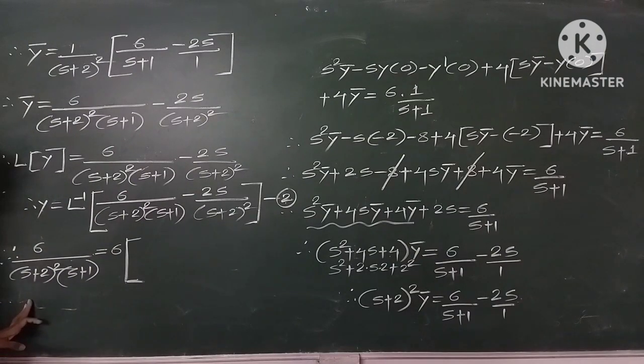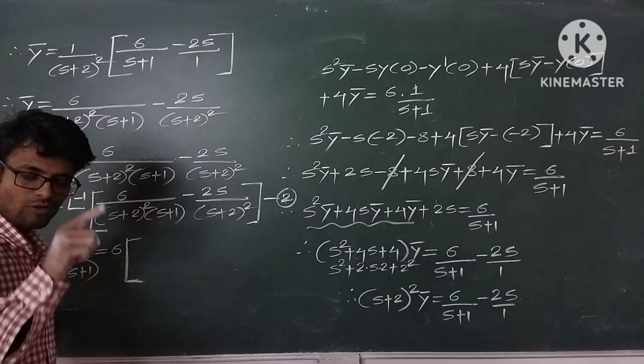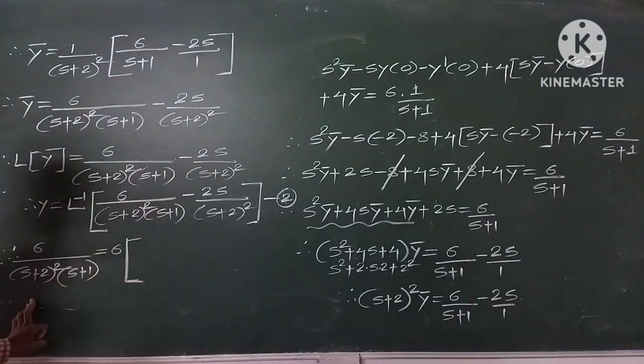We have the formula: 1 divided by (x plus a) whole square into (x plus b) is equal to A divided by (x plus a) plus B divided by (x plus a) whole square plus C divided by (x plus b). So that formula we are using here.